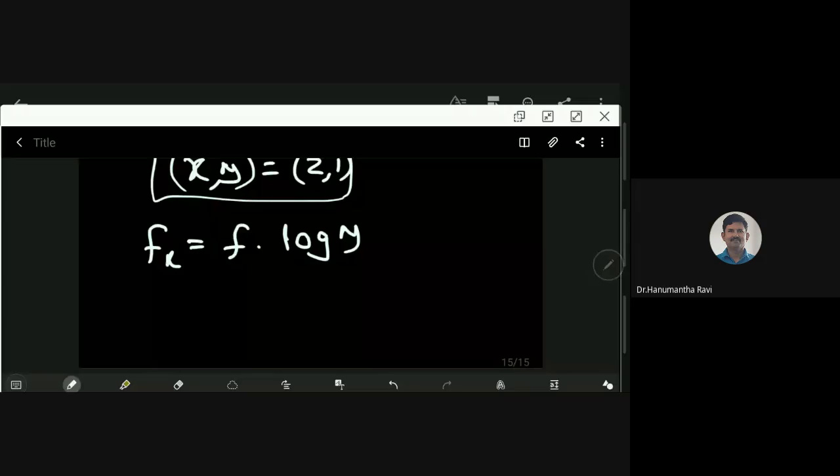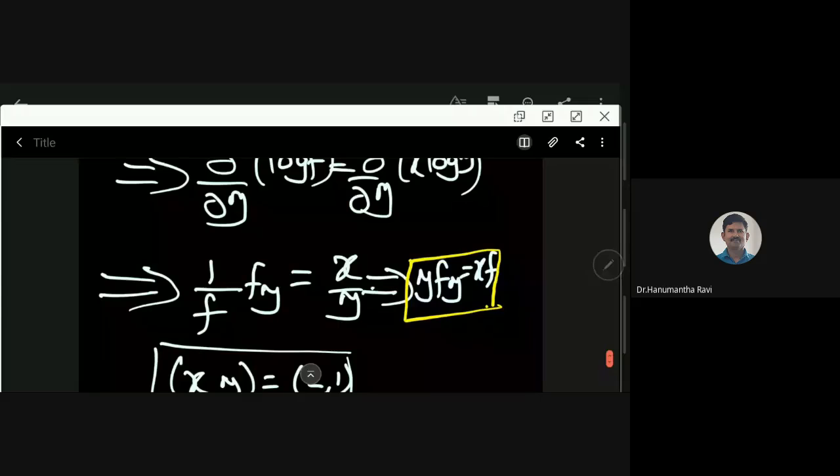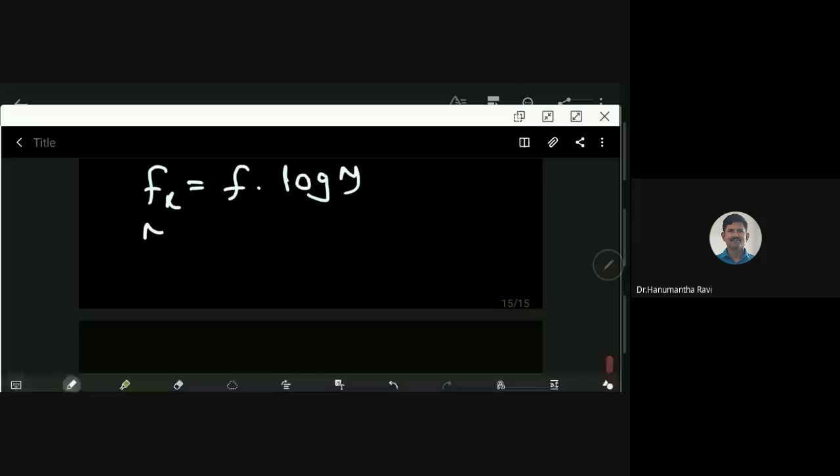The second observation is y f_y is equal to x f. This is one more observation.